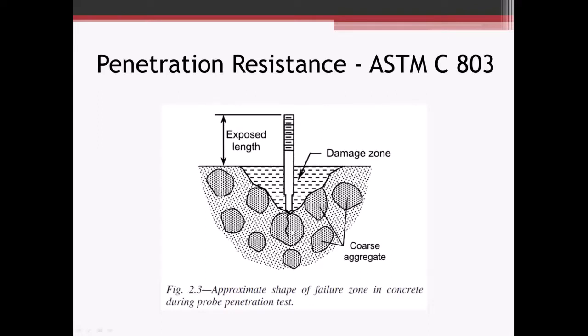And one of the first few slides talked about non-destructive and what the definition is. Penetration resistance, the Windsor Probe, does leave a conical divot in the concrete, maybe an inch and a half, depending on the strength of the concrete.